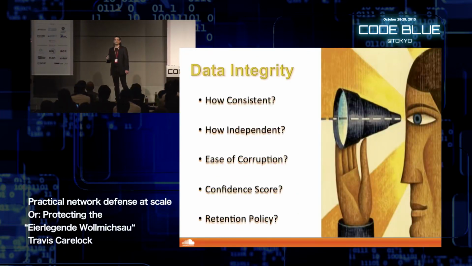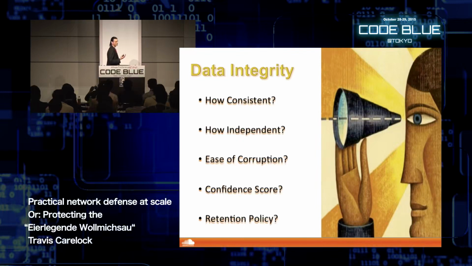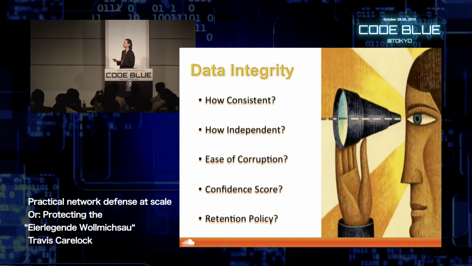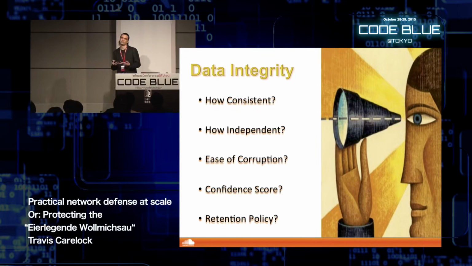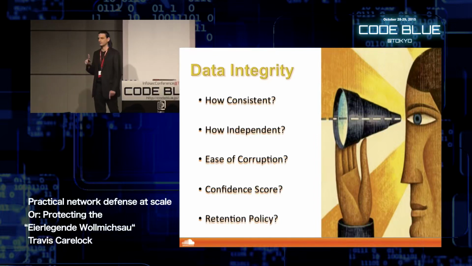So a couple of things to consider whenever you're talking about these sources of truth is how consistent is this data that you're receiving? Is it erratic? Which means, can you be certain that the data is actually measuring what you think it's measuring? These are very important when you're considering these log types. How independent is the log?